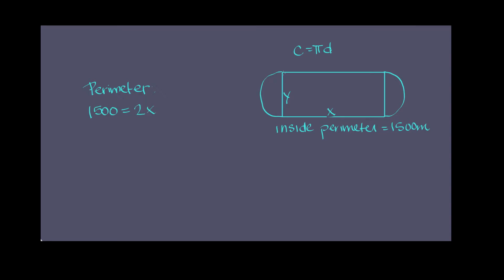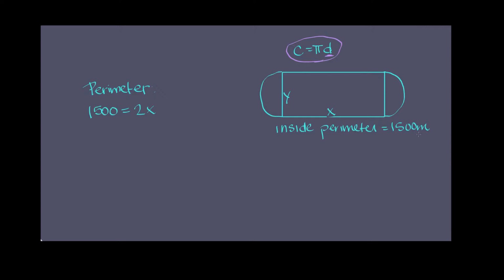Then we are running around 1 semicircle and another semicircle. Altogether, it's 1 big circle that we're running around in 2 pieces. This would be half of the circumference, and this would be the other half. So overall, we have the full circumference of a circle, but the question is, what's the diameter of the circle?